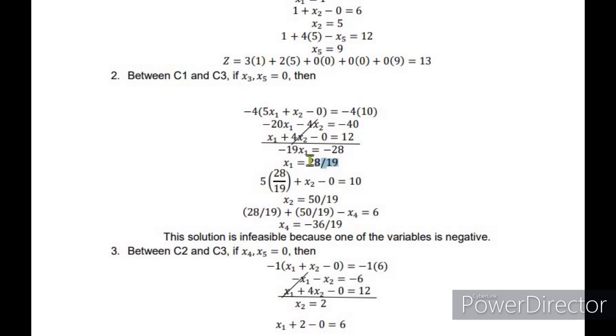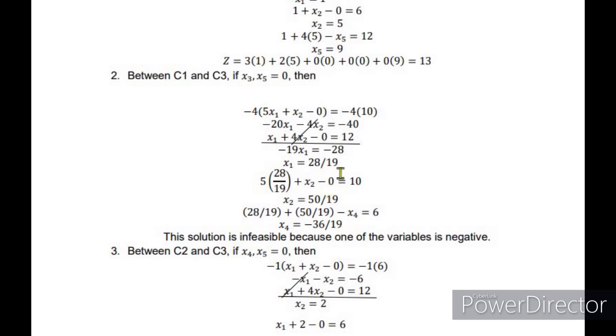So we just substitute this value of x sub 1 to any of the constraints, c sub 1 or c sub 3. So we use the c sub 1 here. So this is the value of x sub 1. So simplifying, we get the value of x sub 2, which is 50 over 19.